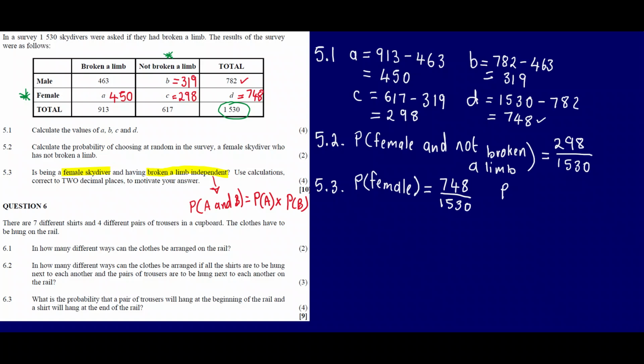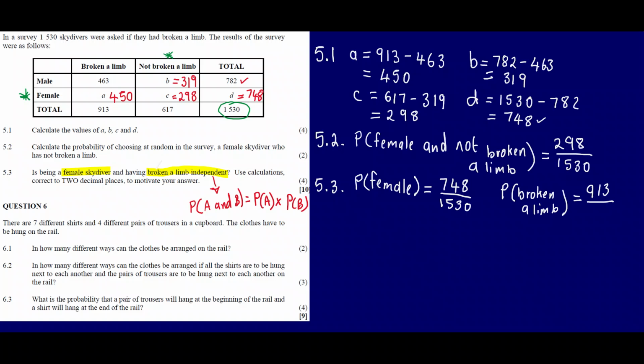So let's take a look at the probability of broken a limb, which is the second event we have here. The ones that have broken a limb, it's going to be 909 and 913. I'm not specifically looking at the female.